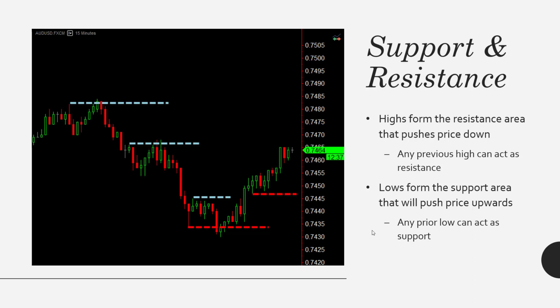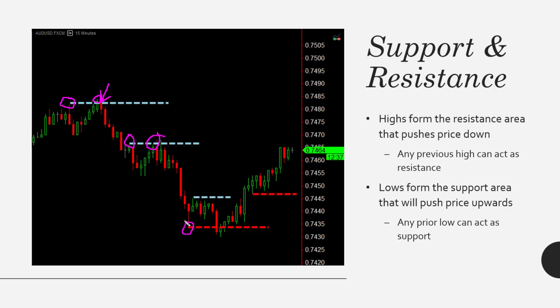So in this case, you can see that they made a high here, they came back to test it here, and then a bearish candlestick formed, which pushed it down. Again, they made a high here, then they came back to test it here, and of course it goes down.